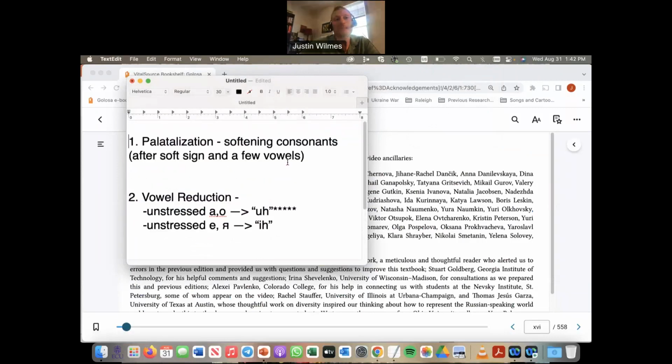But the thing I really want you to know very well is that the unstressed a's and o's are going to be like "uh". That's the most important thing right now. But the rest of it is also somewhat important, and we want to at least be aware of it, and then we'll continue to work on it throughout the year and into next year for those of you who continue on and take more advanced Russian.